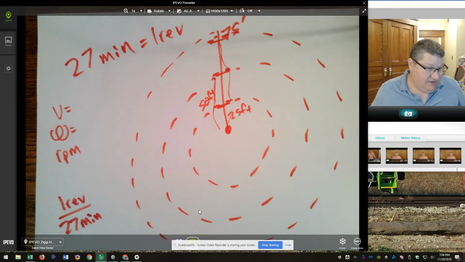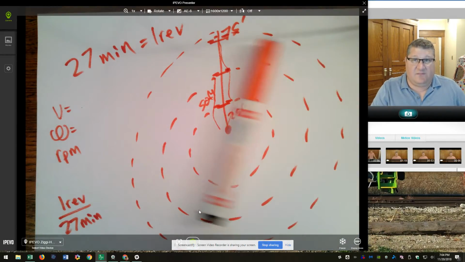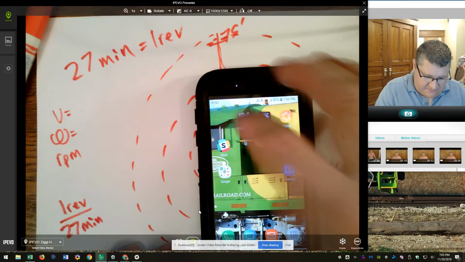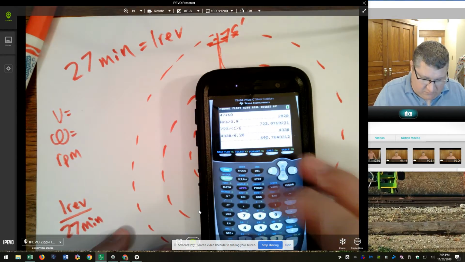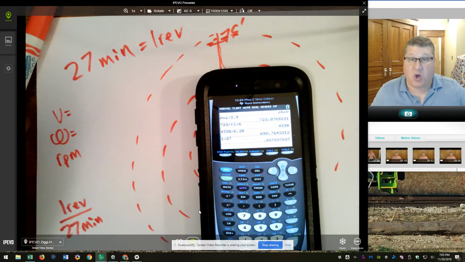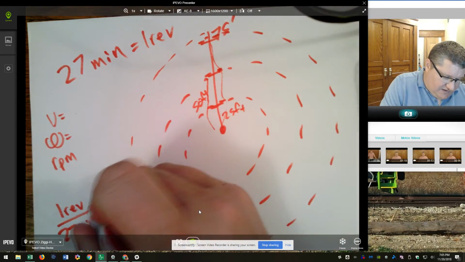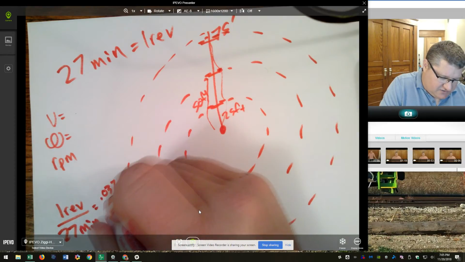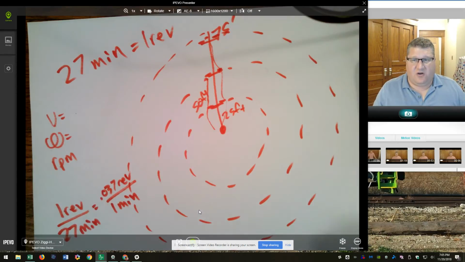I really don't have to work very hard at this. All I have to do is a simple division. In this case, 1 divided by 27. And so I have 0.037 revolutions in a minute. So that equals 0.037 revolutions in 1 minute. All right, so that is our RPM.